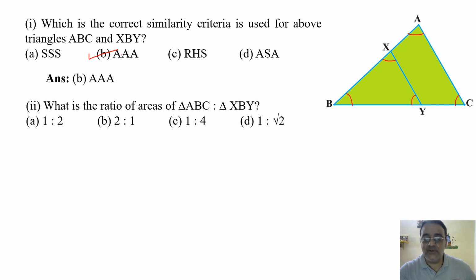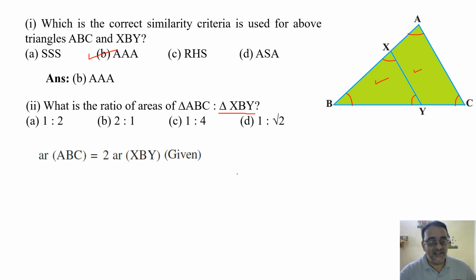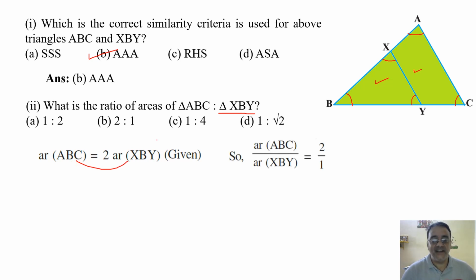So for that, what will we do? It is written in the question that these two areas are equal. Okay, these two areas are equal. So we can write area of triangle ABC is 2 times the area of triangle XBY. Okay, this is given. So now the ratio of these two triangles is 2 by 1, and the correct answer is 2:1.